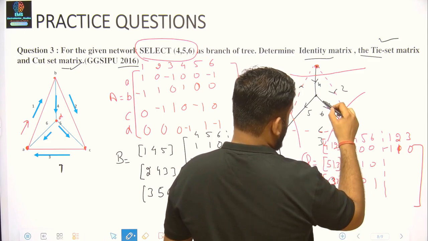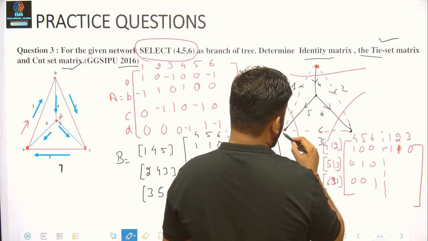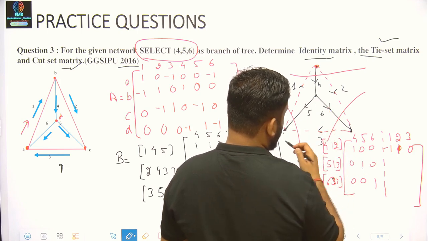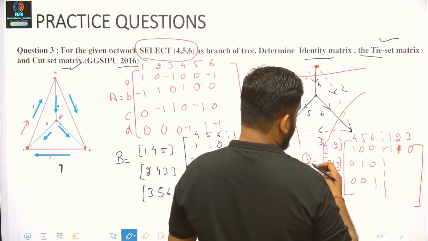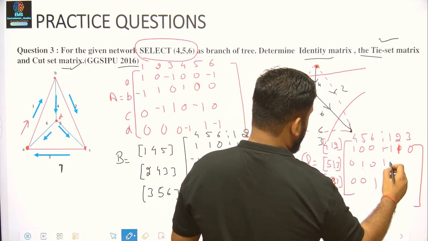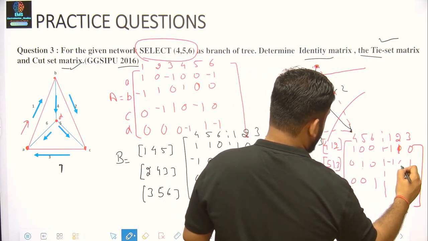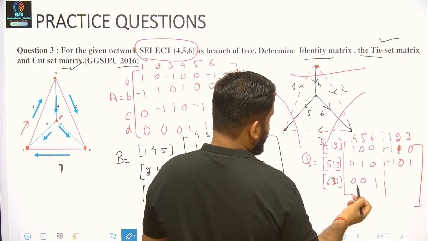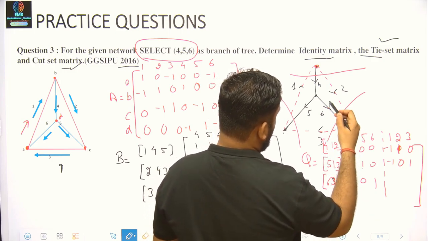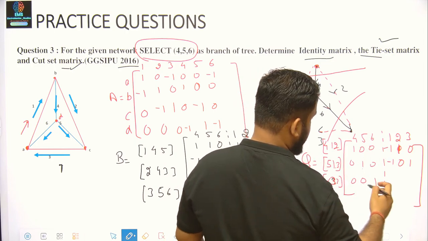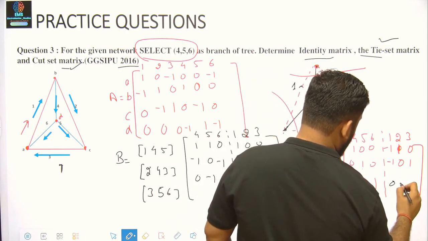So in this case, at 5, it is incoming. 4 is outgoing. 1 is outgoing. 3 is incoming. Then 6, 3 and 2. 6 and 2 are in the same direction. 3 is in the other direction. So 1 is not required.